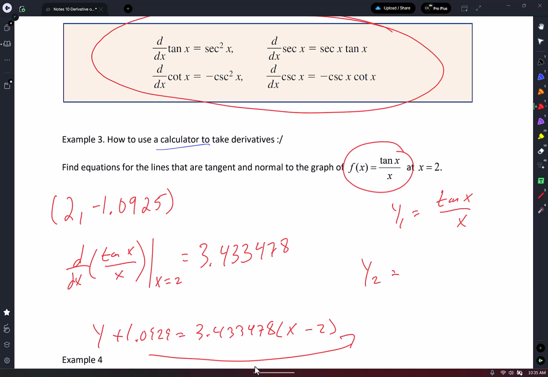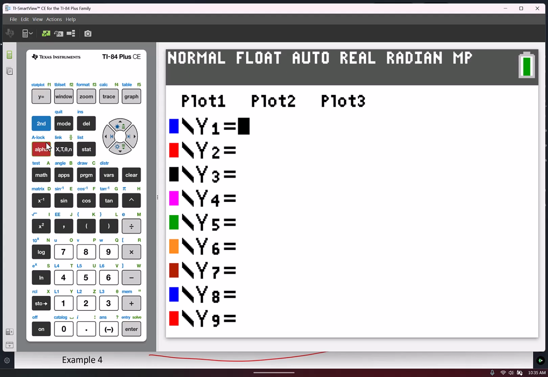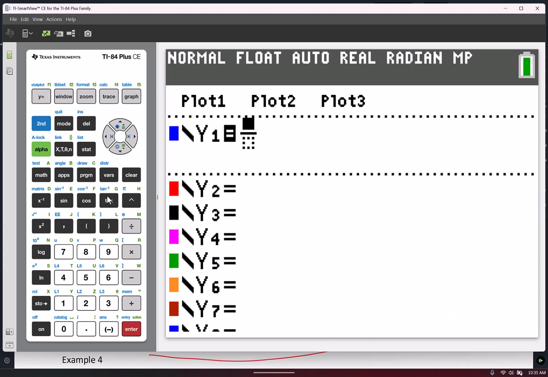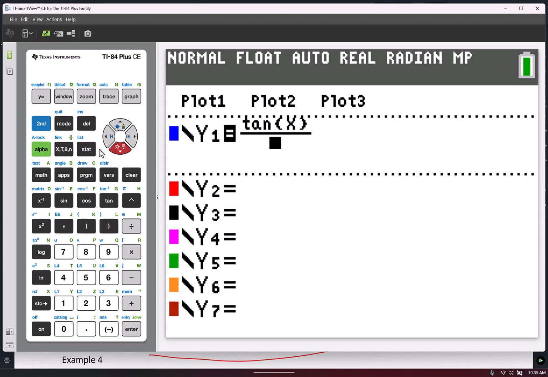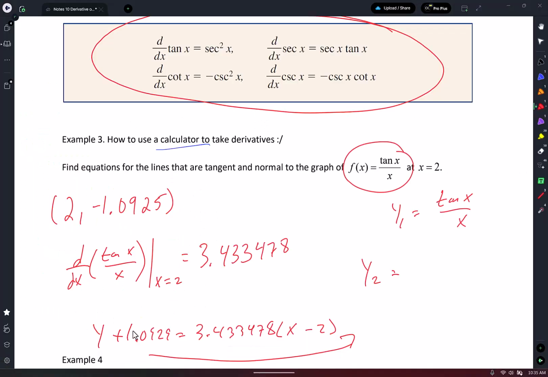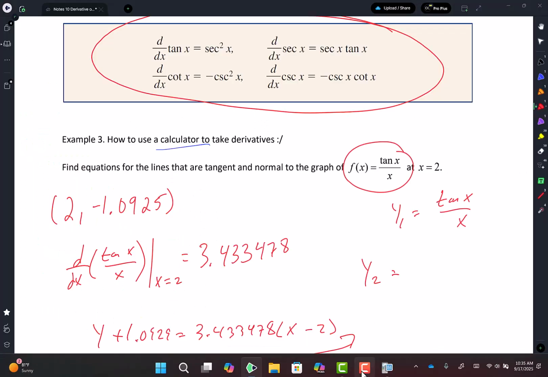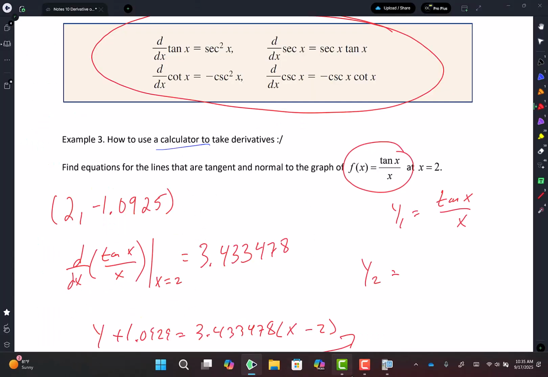All right, so here's what I'm going to type. I'm going to go y1 alpha y equals. Do I just put the y equals? Oh, no, I'm solving for y, so I just move this 1.09 to the right. Oh, okay. All right. So look, remember that I have the slope saved in b in my calculator?